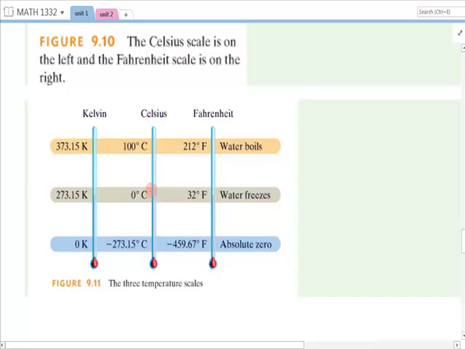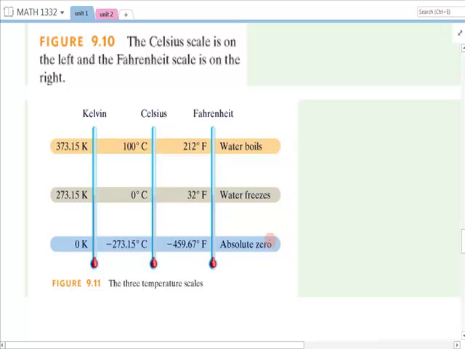Why is it a metric scale? From freezing to boiling is 100 degrees. What's going on in our scale? 32 is freezing. 212 is boiling. So there's a lot more degrees here, and that means they have to be smaller.